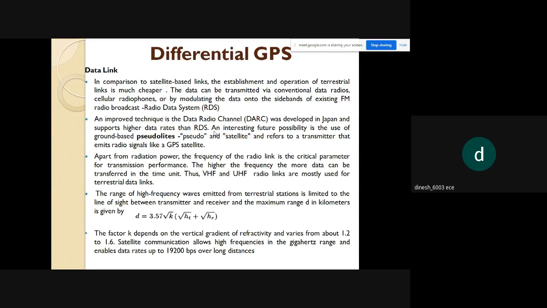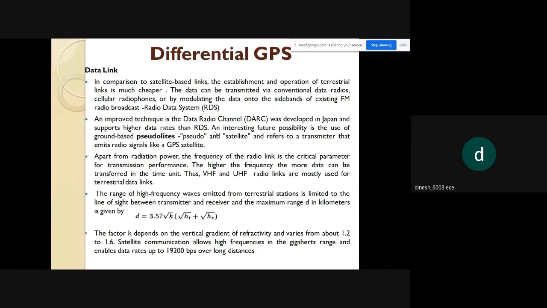This uses radiation power in the frequency of the radio link in the VHF band, UHF band, very high frequency and ultra high frequency bands, for terrestrial. All these things which we are seeing are for terrestrial.